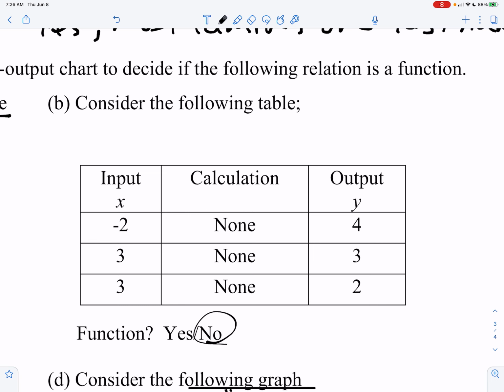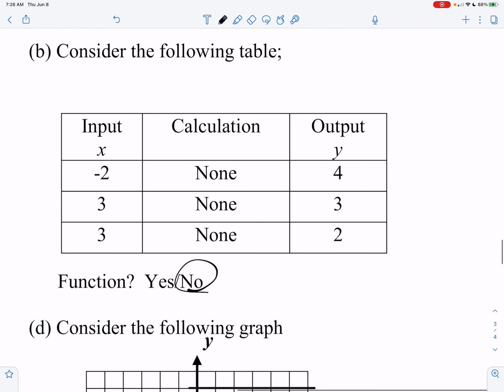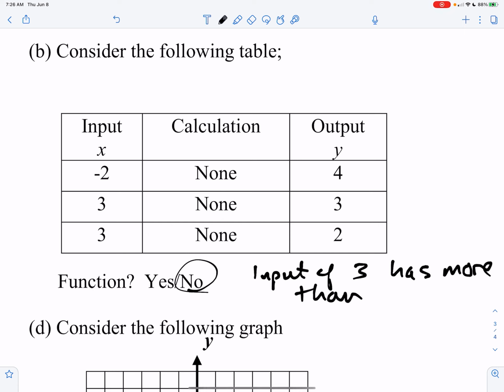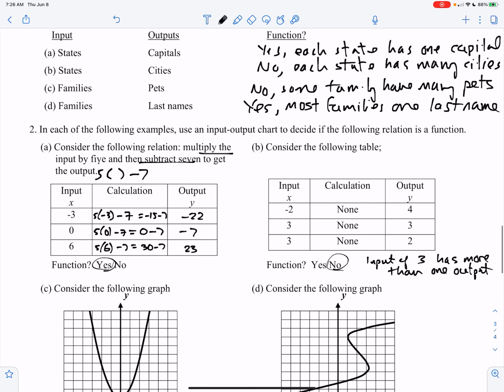That would not be a function, because here the input of 3 doesn't have one output. It has more than one output. Therefore, it's not a function.